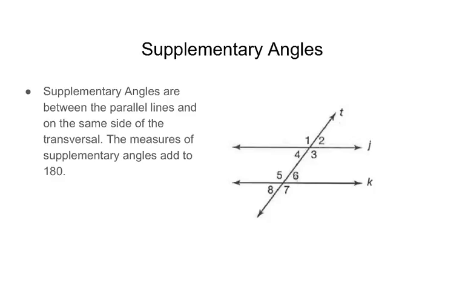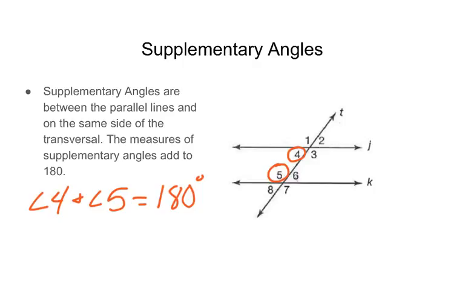They're inside between the parallel lines and on the same side of the transversal. So for instance, 4 and 5 are supplementary angles, and if I added their measures together, they would equal 180 degrees.